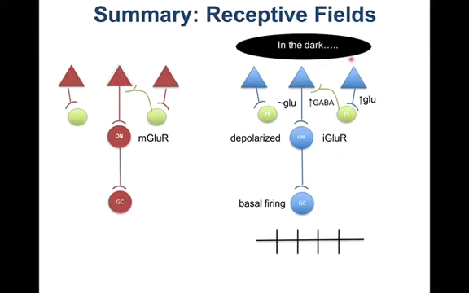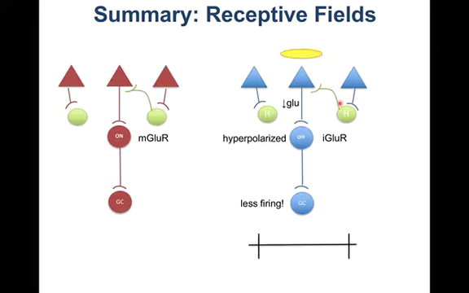And in the dark we have the same situation. You have center cones that are partially excited, and then you have some inhibition by the peripheral cones, which are also excited and exciting the inhibitory horizontal cells. So you'll have a basal firing rate that reflects a balance between partial excitation and partial inhibition.